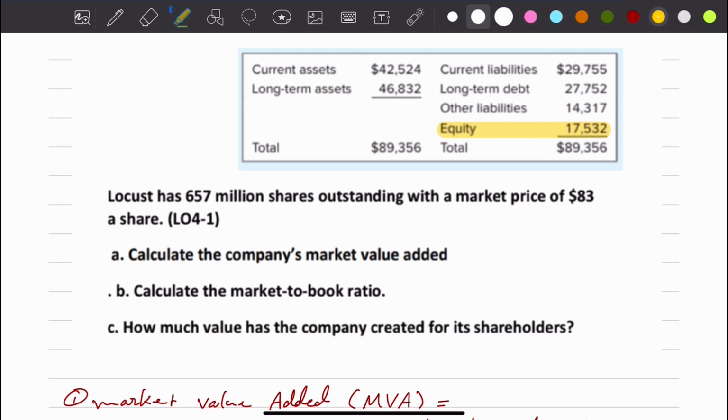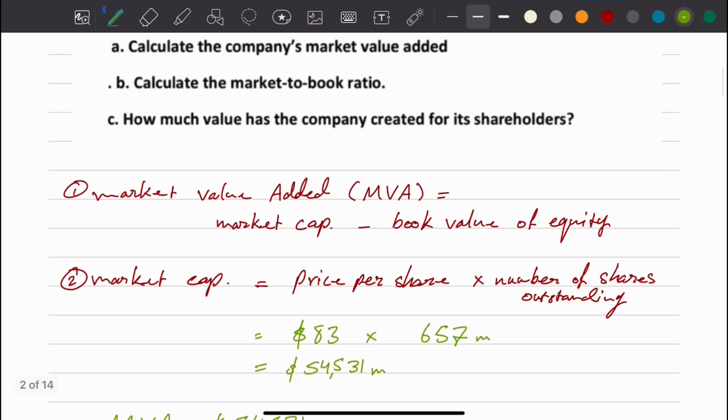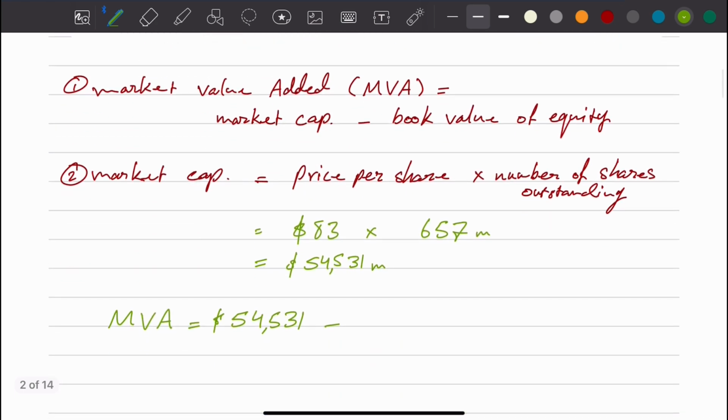Now it's not clearly stated on the question, but you can safely assume that these figures are also in millions. That is more likely than not. So that would be 17,532 million.